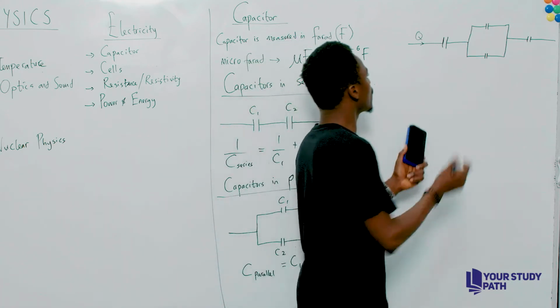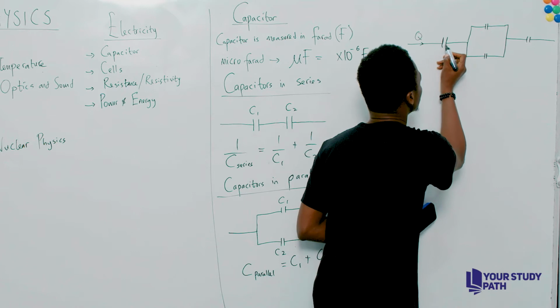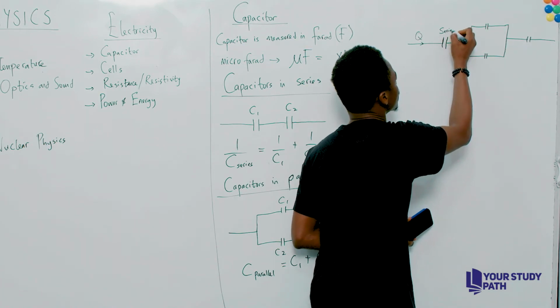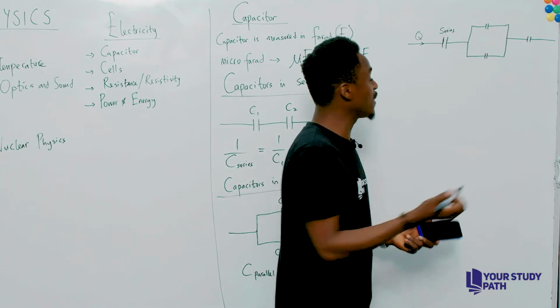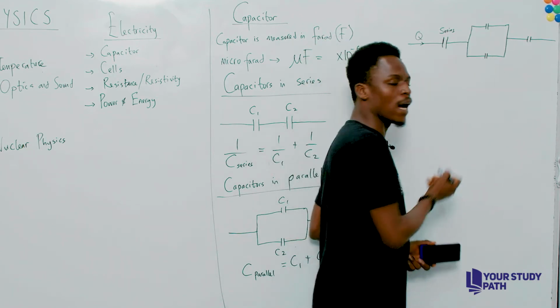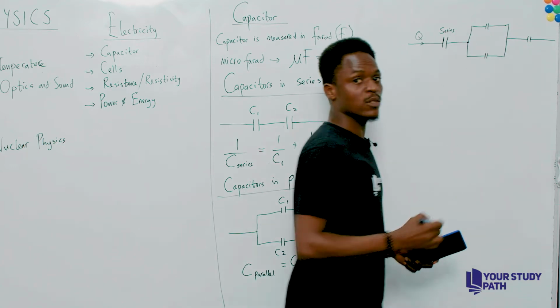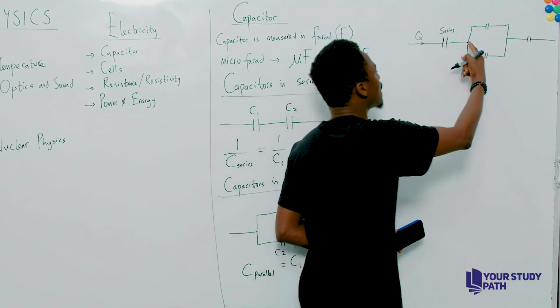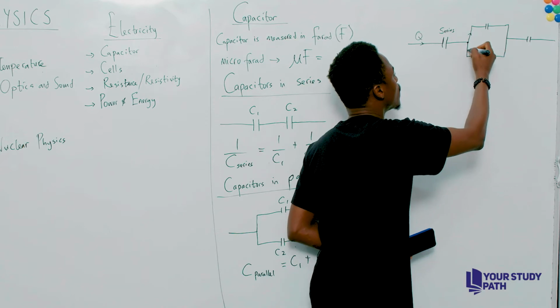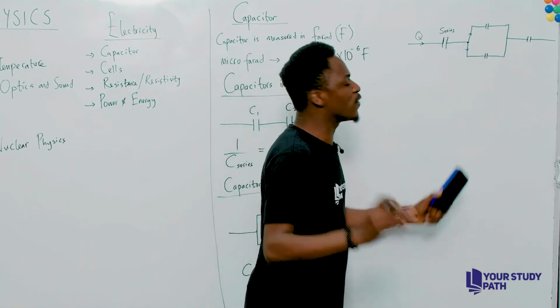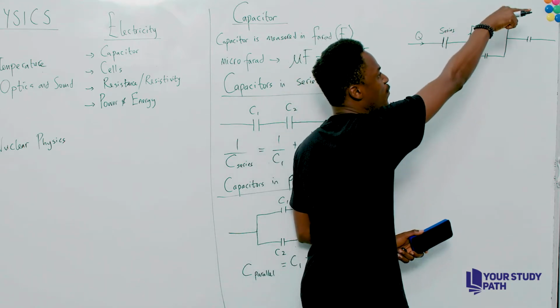This is what I mean. Imagine this charge flowing here. Entering into this capacitor, we have a series connection for the fact that it just flows through and comes out. No problems. But when the charge gets to this point, it can either choose to move up, or it will split into two. Some section of the charge will flow up into the first capacitor.